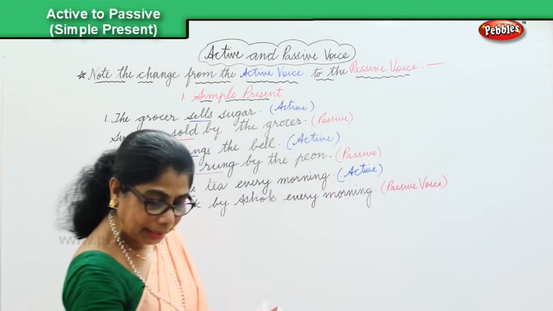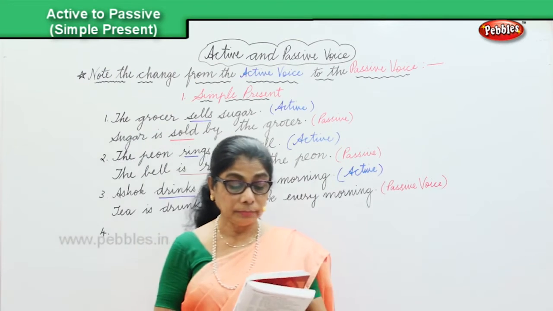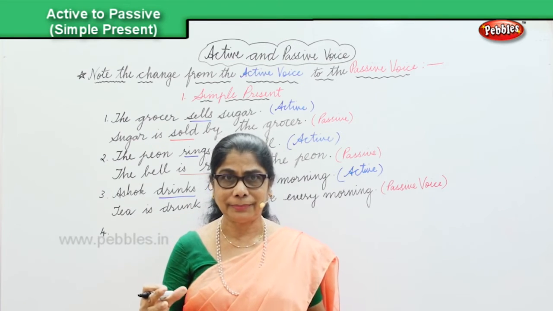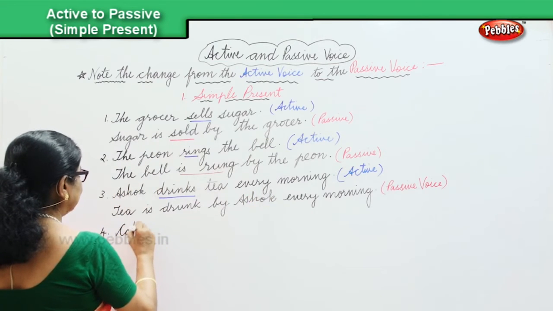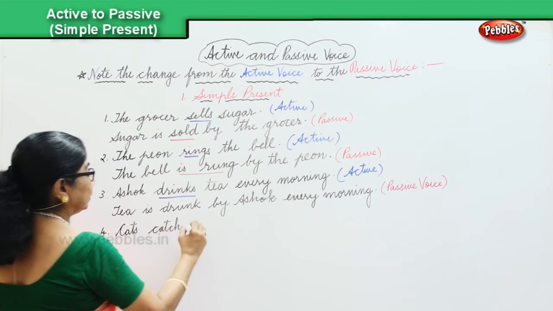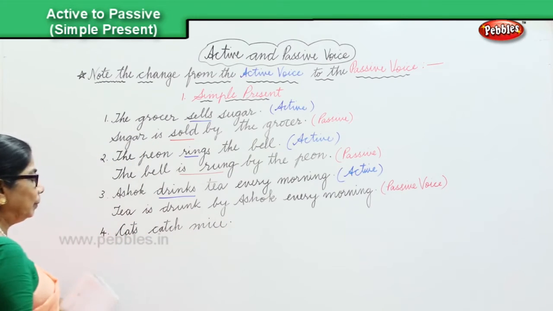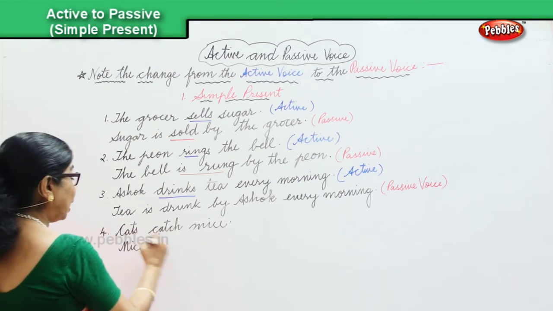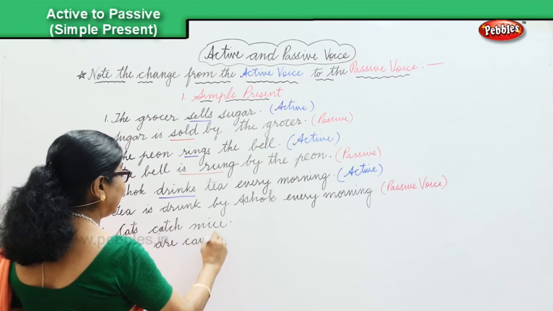Okay, now let me take another sentence for you. Cats catch mice. Action. Active. The cat is very active here. Cats catch mice. When we change it, we say mice are caught by the cat.